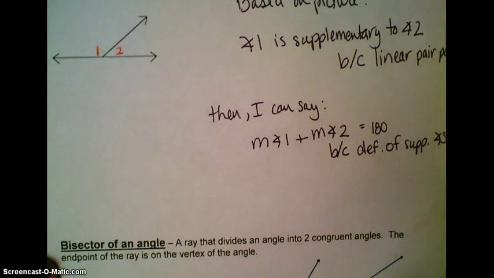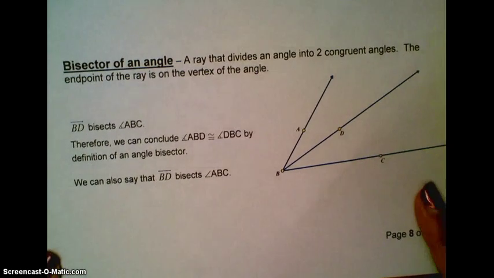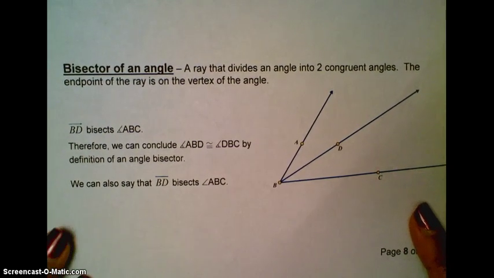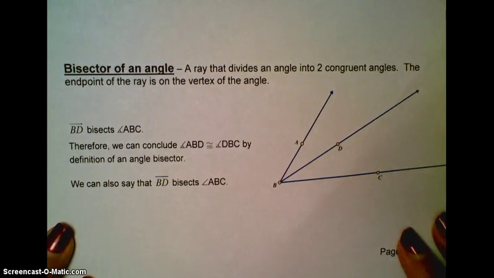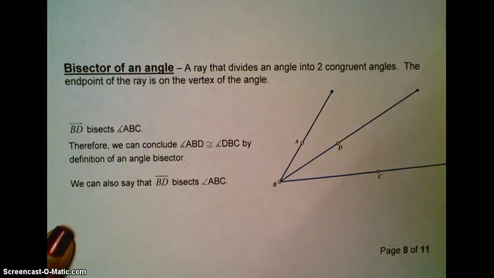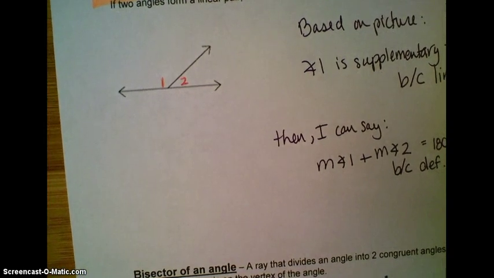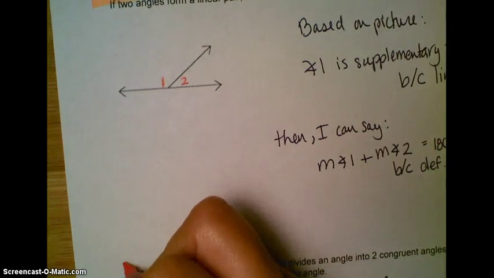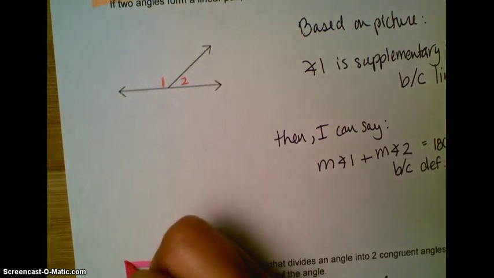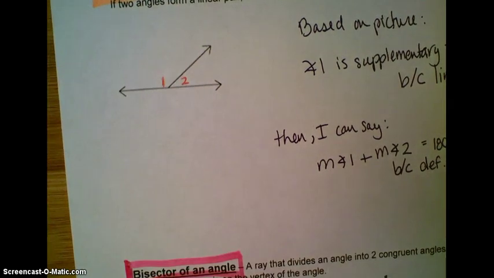Okay, the last definition, again, also going to be one that you use constantly, and that's for the bisector of an angle. Let me go ahead and box this linear pair postulate, and then let's highlight also this bisector of an angle, because we're going to be using that definition a lot.